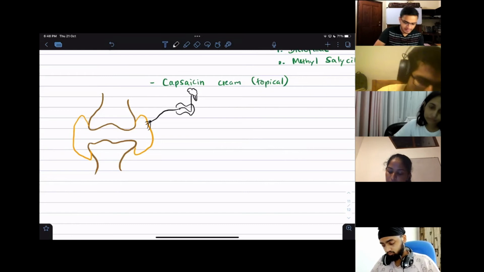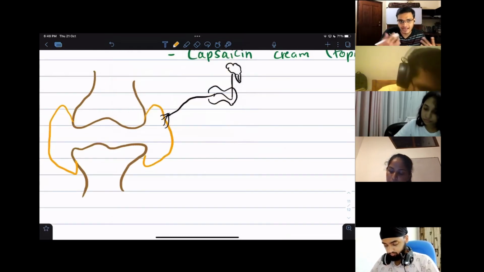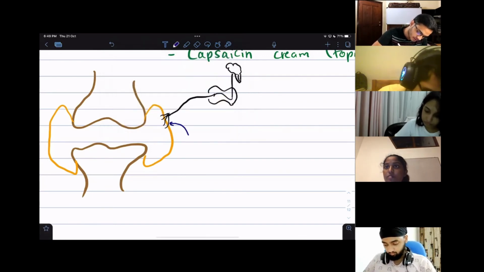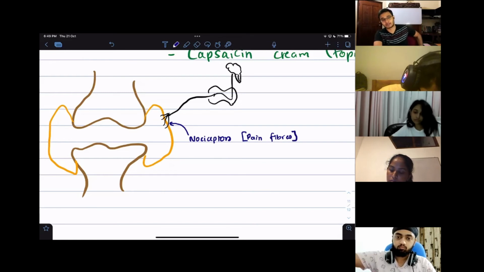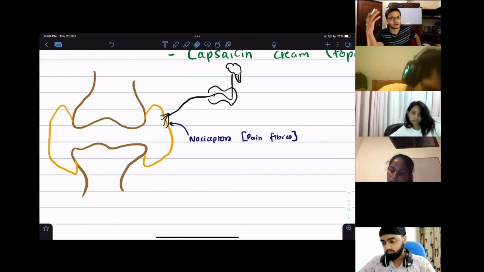Some of these fibers, we said, are mechanoreceptors and some of them are nociceptors. They are receptors here. We call them nociceptors, so these are pain fibers. If you read more in pathophysiology, you can see A fibers, C fibers for pain.